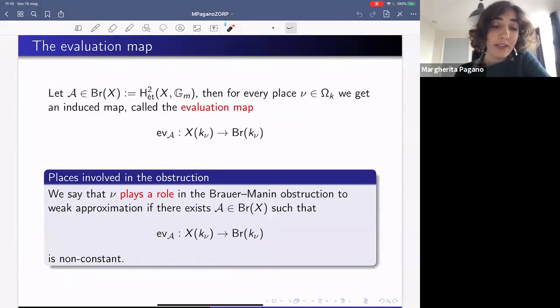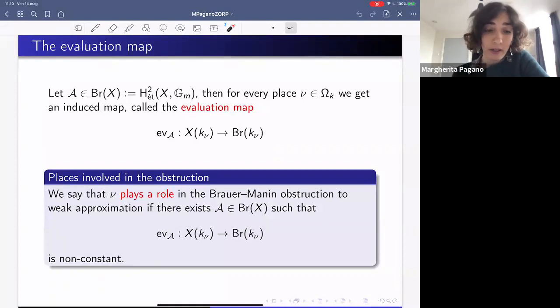And we say that a place nu plays a role in the Brauer-Manin obstruction to weak approximation if we can find an element in the Brauer group of X such that the evaluation map associated to it from the K_nu points of X to the Brauer group of K_nu is non-constant.